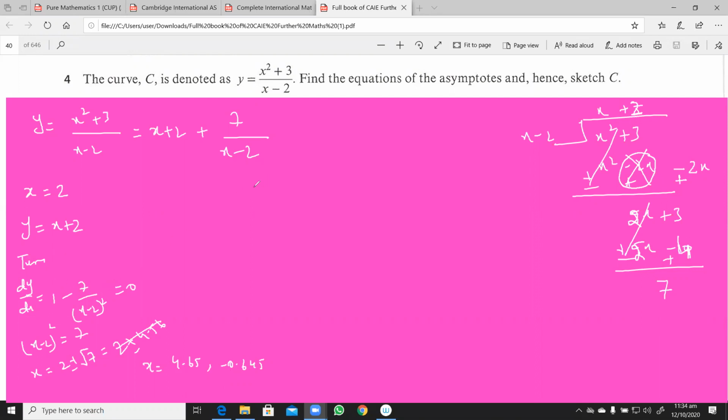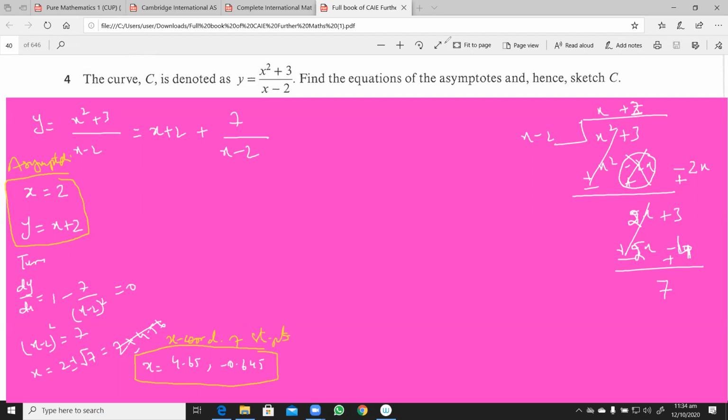Now, next thing is we have to see if we have the intercepts, okay? These are the asymptotes, and these are the x coordinates of the turning points, of stationary points, okay?